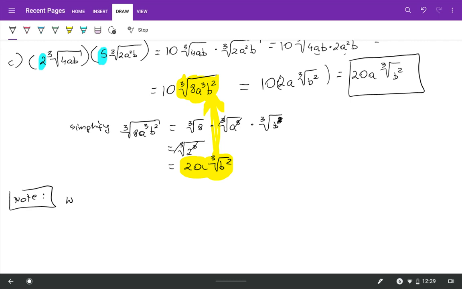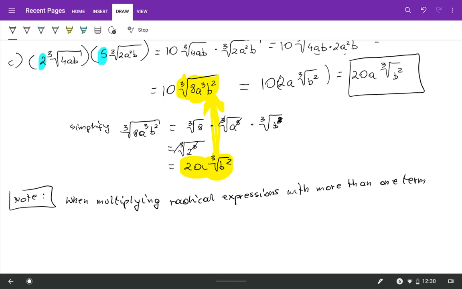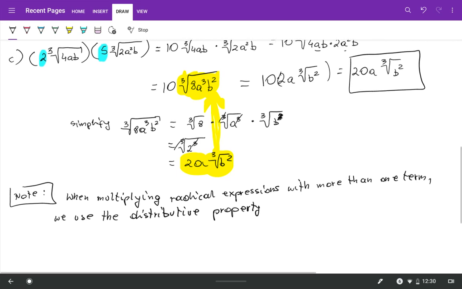When multiplying radical expressions with more than one term, we use the distributive property. So let me show you how that's going to work.